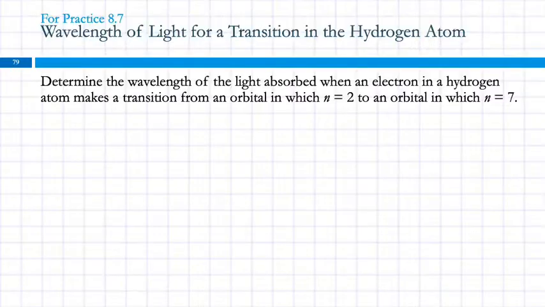Determine the wavelength of the light absorbed when an electron in a hydrogen atom makes a transition from an orbital in which n equals 2 to an orbital in which n equals 7. So the initial is 2, and the final is 7.